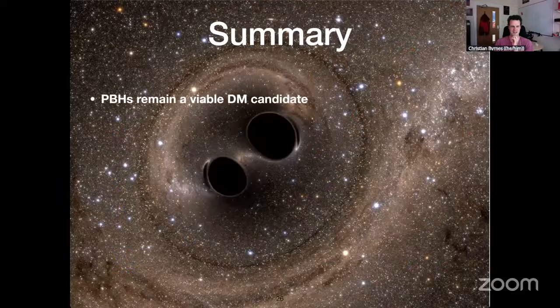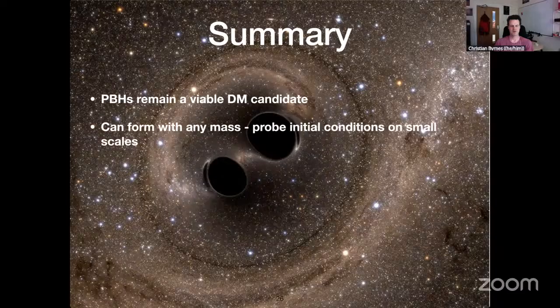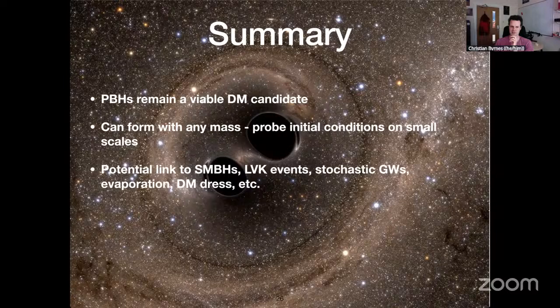So to summarize, for now, primordial black holes are still a viable dark matter candidate. They can form with any mass, and hence you can probe the initial conditions really on any scale, because there's some mass corresponding to any initial scale. There's potential links to supermassive black holes, but the distortion constraints are very tight.